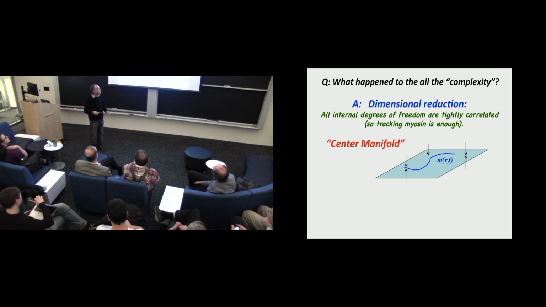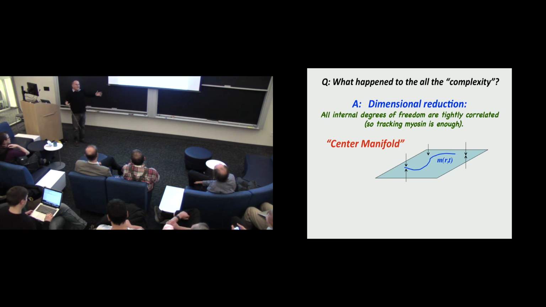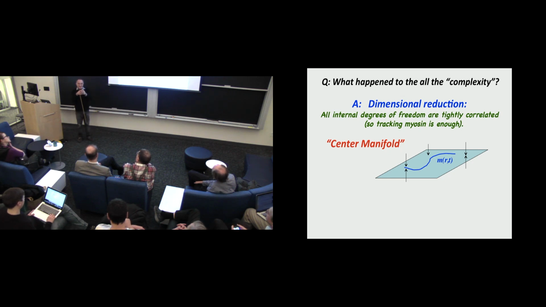So one thought that comes to mind is, well, it could be that there are all those other molecules, but they're just irrelevant. That they're all in excess and only some limiting step is controlling everything. But another way of thinking about this is that, in fact, all of these things are interacting and actually very tightly correlated.